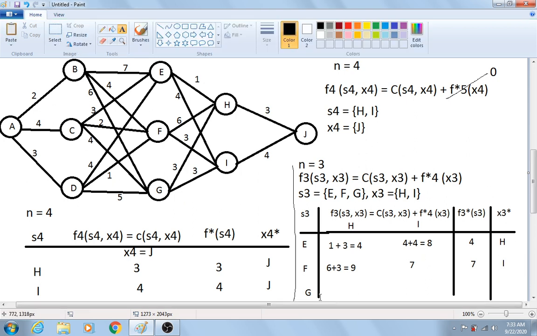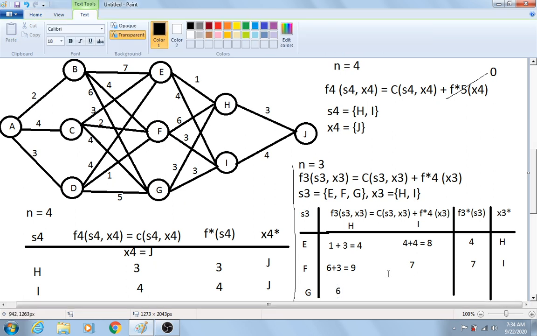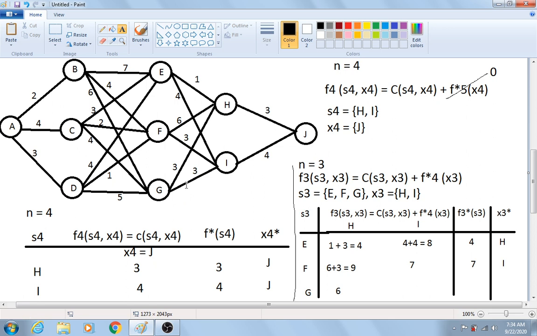Okay. And then G going to H. What is the cost? 3. H, if we move to stage number 4, this is H. And what is the lowest cost for H? That is 3. So 3 plus 3, that is 6. From G we go to I, the cost is 3.